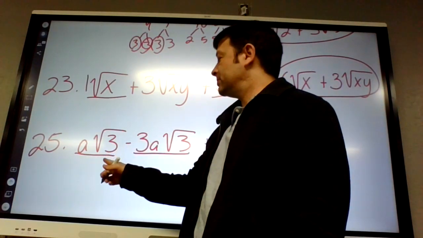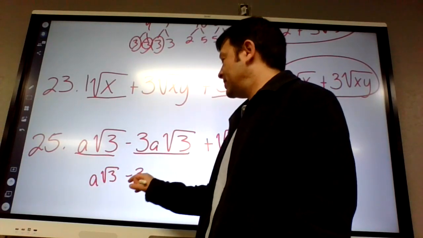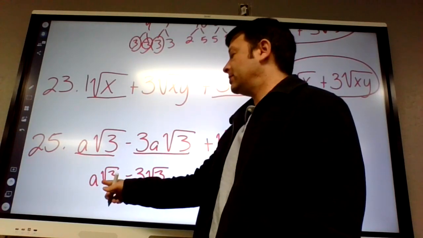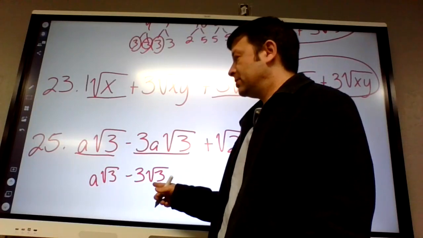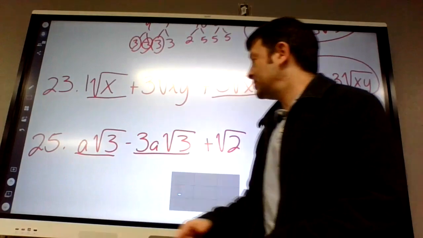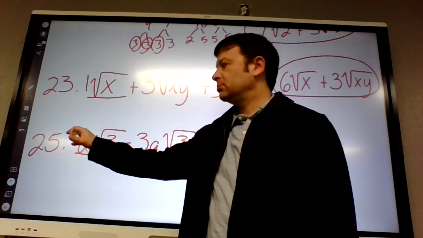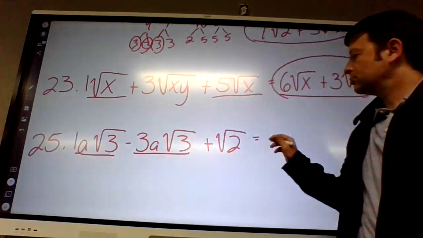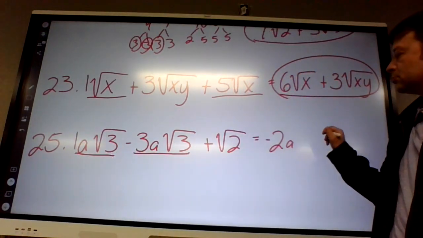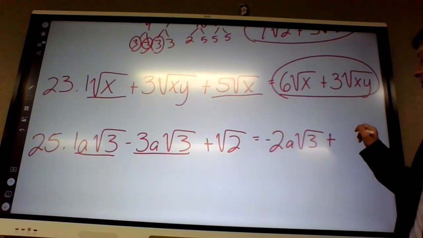Like a squared of 3, if it just said this, they actually would not add together. So they both have a square root of 3. So what's that going to become, Clayton? Negative 2a square root of 3. Yep. Plus square root of 2.